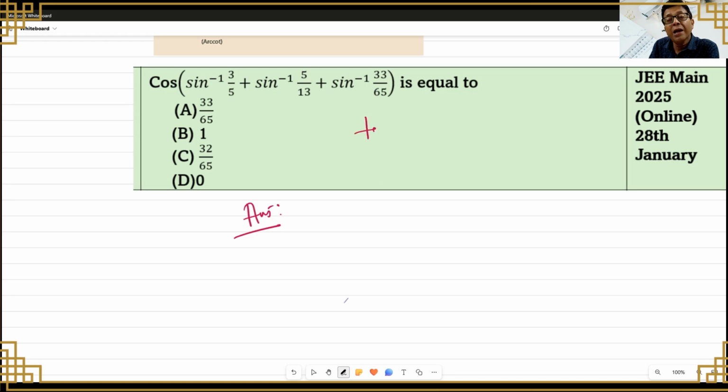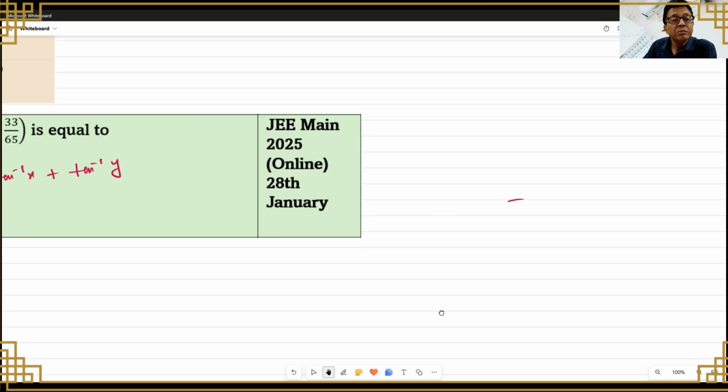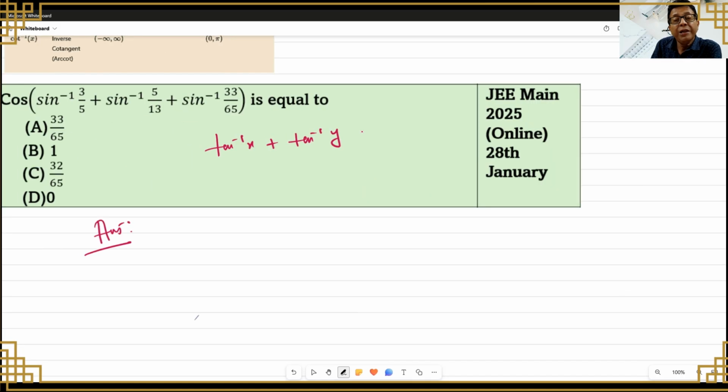Because I have written this formula for you, I told you use of this formula will help you a lot. You just remember that it is tan inverse of (x plus y) by (1 minus xy), where xy is less than 1. Okay, so addition is very simple.